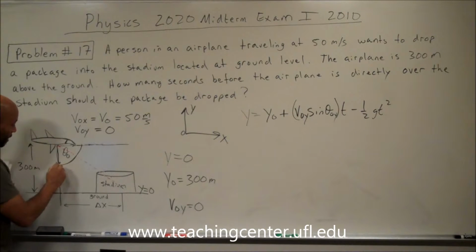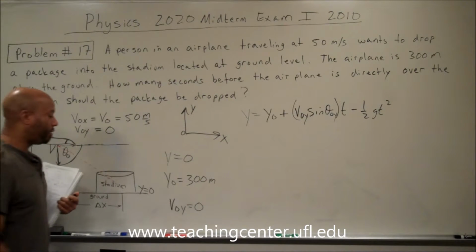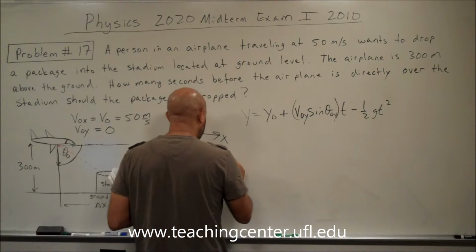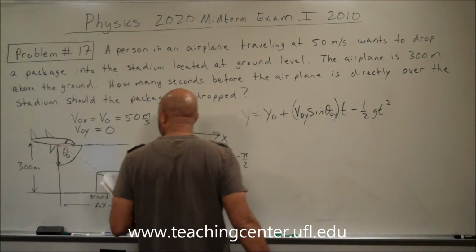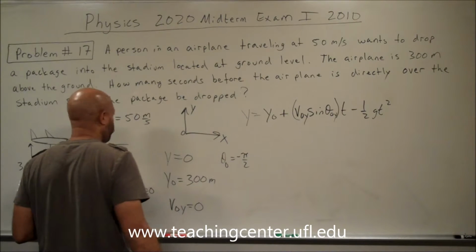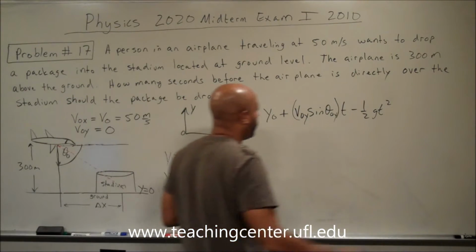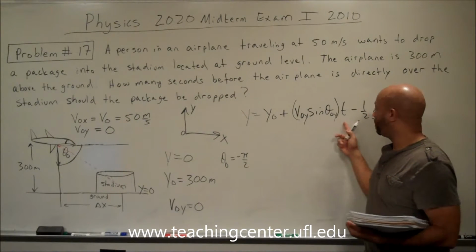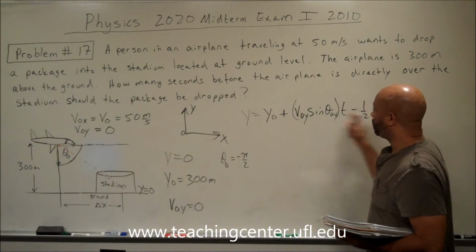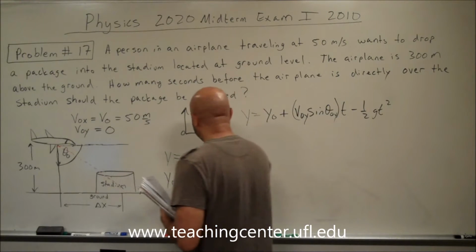We're traversing an angle that's basically minus pi over 2. So we have the initial theta is equal to minus pi over 2. Alright? And we want to find the time, so that's important that we have the time in this equation, and indeed we do. And so this is the actual equation that we want to use to solve the problem.